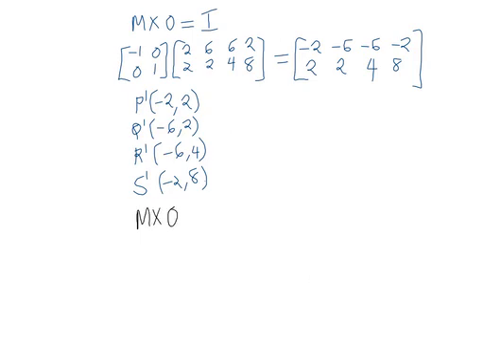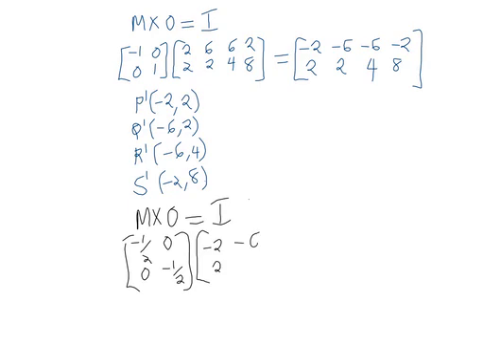Matrix by object to give us image, and our matrix is given as [-1/2 0; 0 -1/2], multiplied by the object, which is [-2 -6 -6 -2; 2 2 4 8].